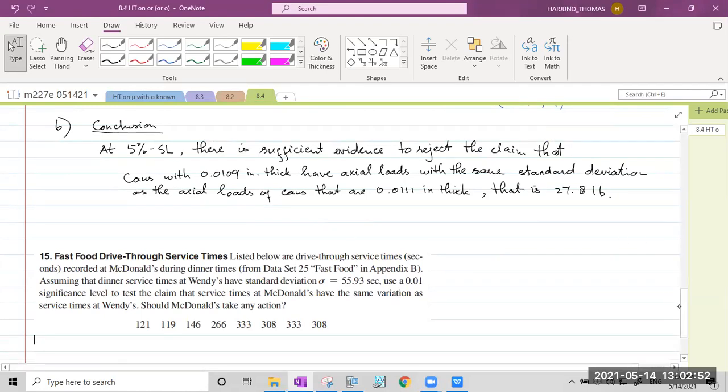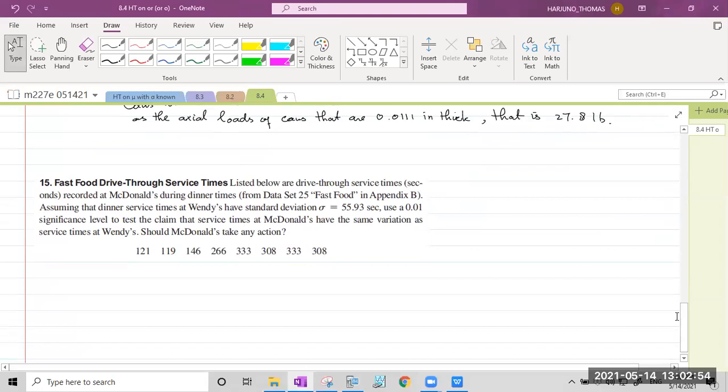Okay, listed below are drive-through service times recorded at McDonald's during dinner times, assuming that the dinner times at Wendy's have this standard deviation. So the standard deviation at Wendy's is the population standard deviation. Now this sample is from McDonald's.